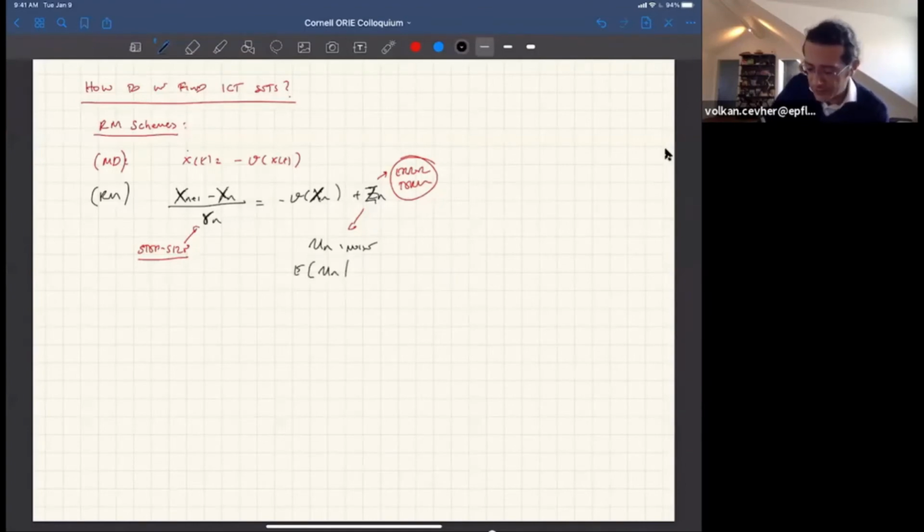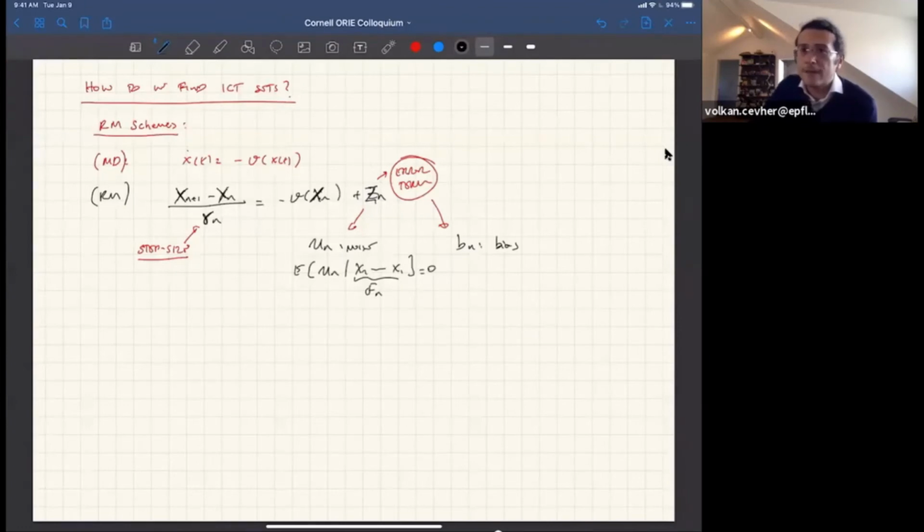The filtration is what I'm going to call this. There are several subtleties here, but for the sake of time, we're going to have a bias term.